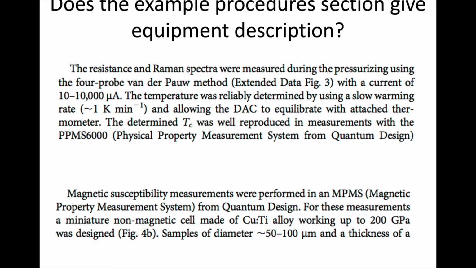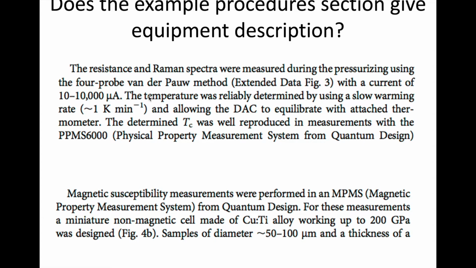The example I have for you is taken from a real research article, and this is a snippet of the experimental procedure section from that. The reason I wanted to show you this is to show you what that can look like. In this case, they're talking about resistance and Raman spectra, and they tell you it's measured by this technique.